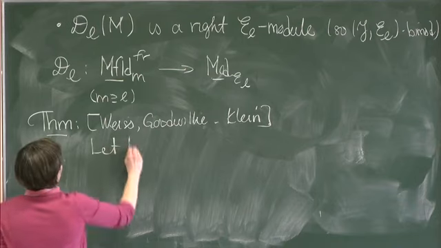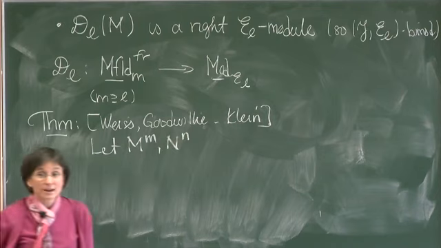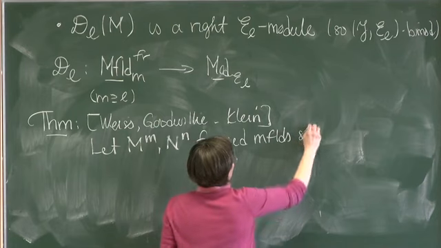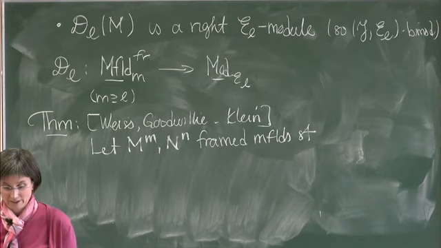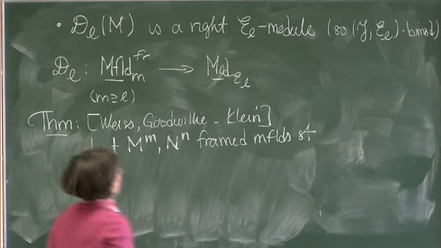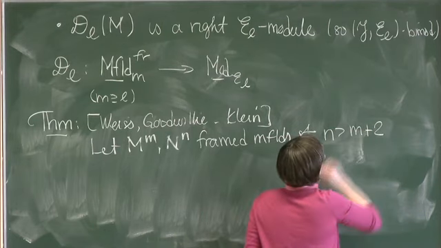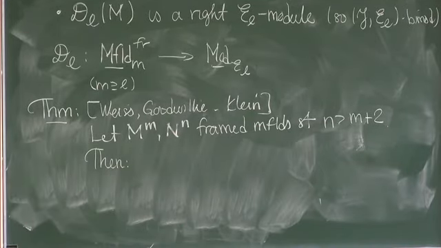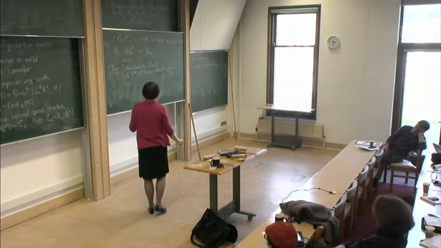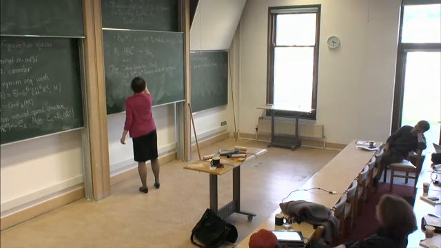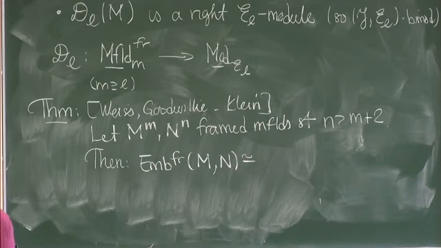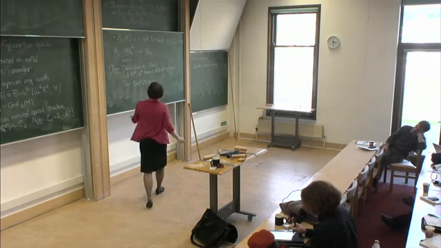if I have M and N, which are framed manifolds of dimensions little m and little n, such that the codimension, well, such that n is greater than or equal to m plus 2, then we can capture the homotopy type of the embedding space, the space of all framed embeddings from M into N, by looking at the derived mapping space of right E_M module maps between the respective D_Ls there.